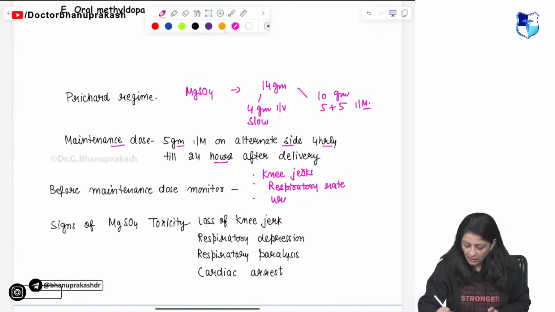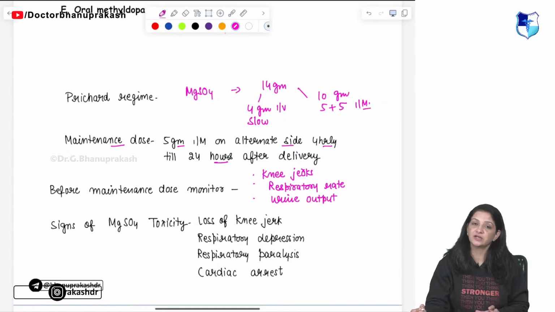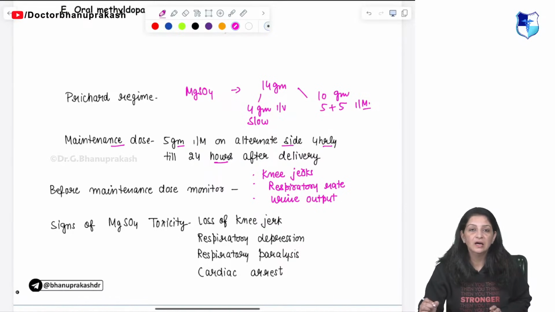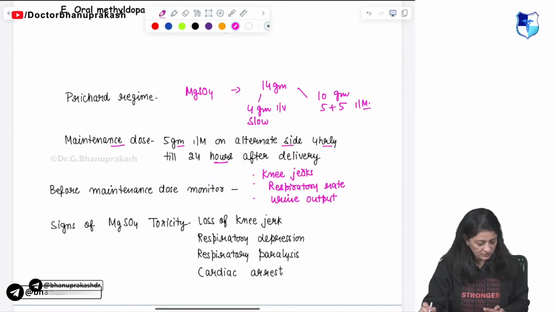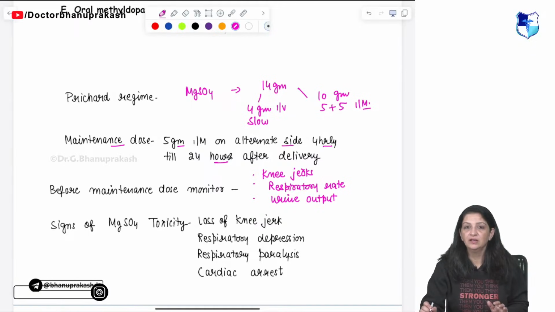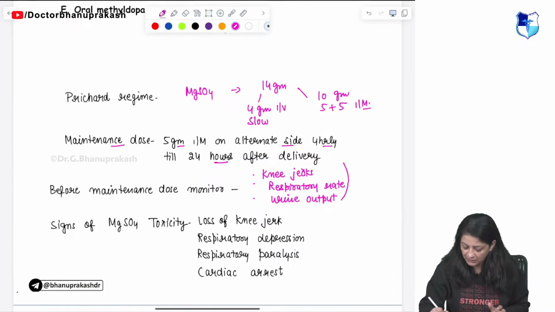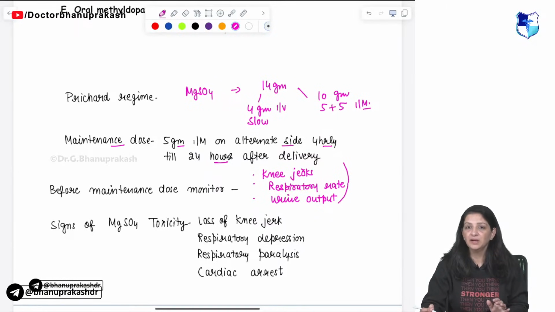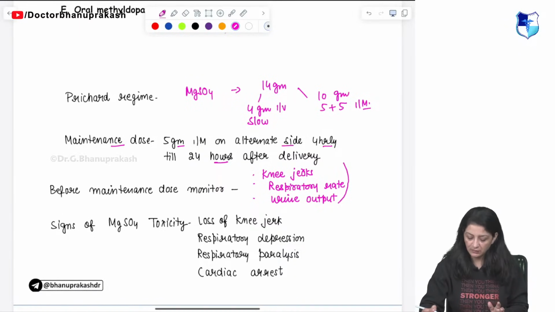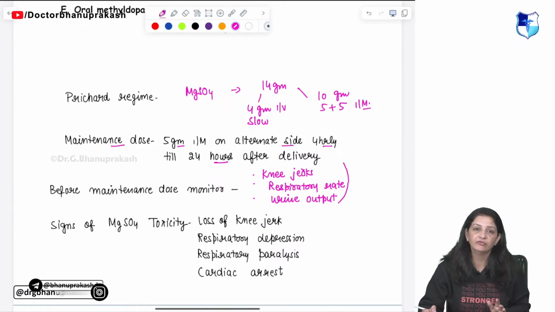And urine output, very, very important because magnesium is excreted in urine. Urine output should be more than 100 ml in 4 hours. Before maintenance dose, please remember this point. Deep tendon reflex should be present, respiratory rate should be more than 14 breaths per minute, and urine output should be more than 100 ml in 4 hours.